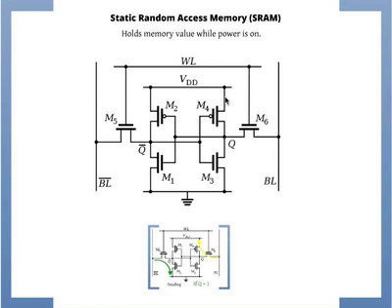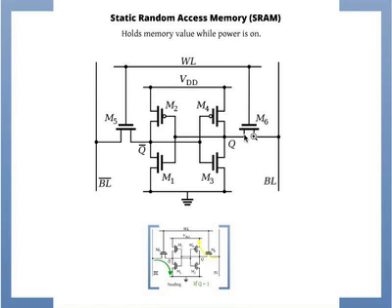M4 is on means VDD connects down to here. Right? This circuit is closed. Now, if I query this transistor, if I put a 1 on this bit line and 1 on this word line, what happens to M6? Let's say I put 1 on the word line. What happens to M6? It turns on.